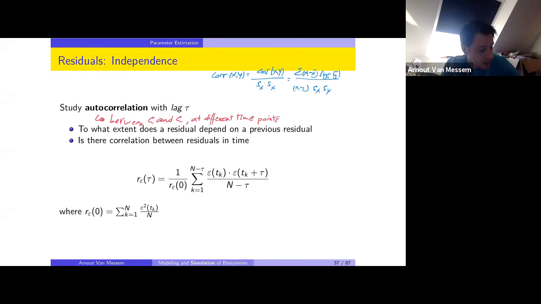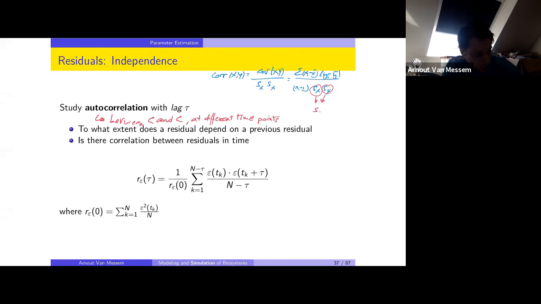This means that Sx and Sy will be the same, and each of them will be equal to the standard deviation of the residual. So here you will get S epsilon squared, basically. Let's keep that in mind for a moment. I'll come back to that at the end.